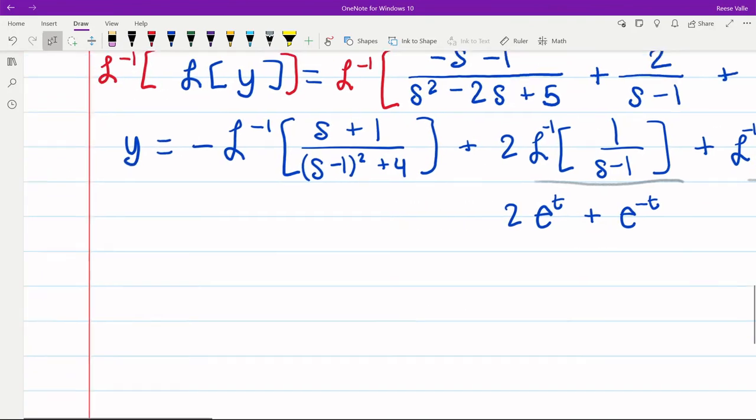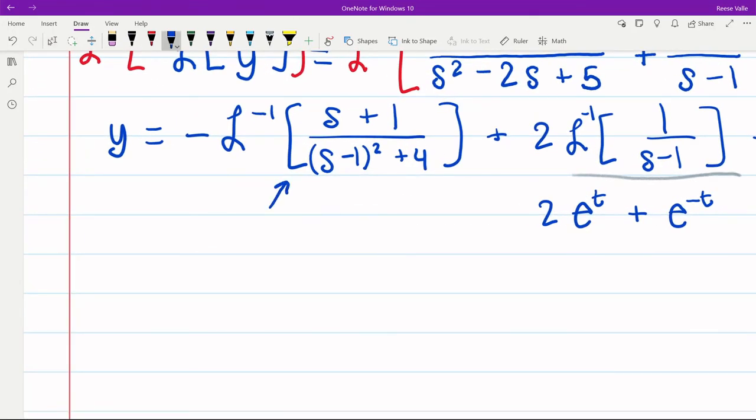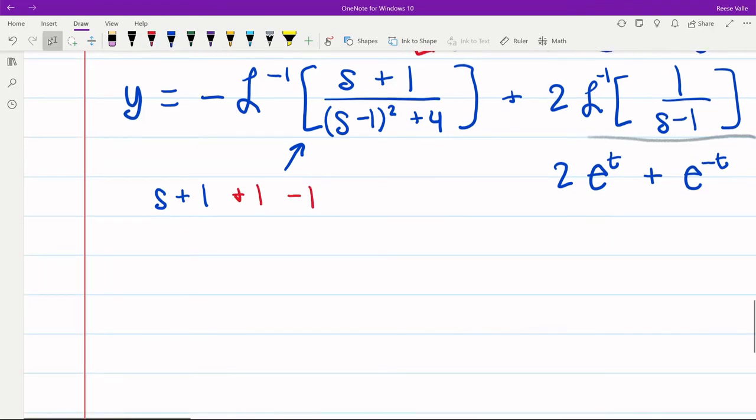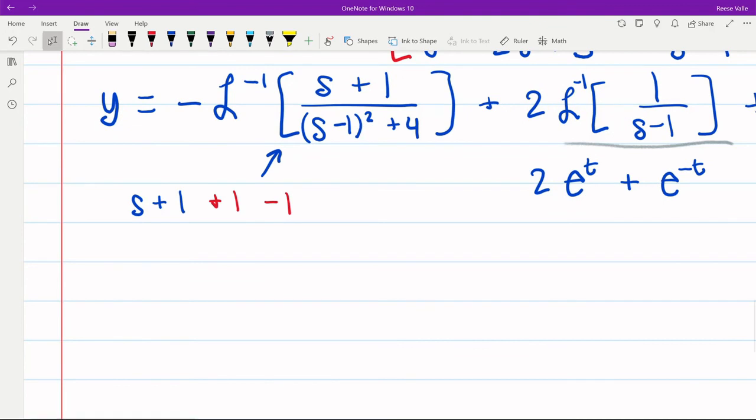Awesome. So then for this side, on the inside, you're just going to do s plus 1. And then you're going to do the plus 1, minus 1. Plus 1, minus 1. Because you know that this is very similar to, it's a shift transformation, obviously, but it's very close to cosine of 2t.